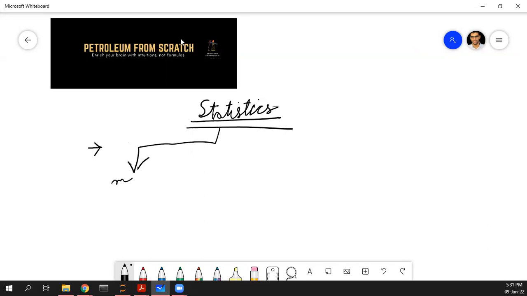One is our measure of central tendency of data. And second is our measure of spread, how your data is spread.